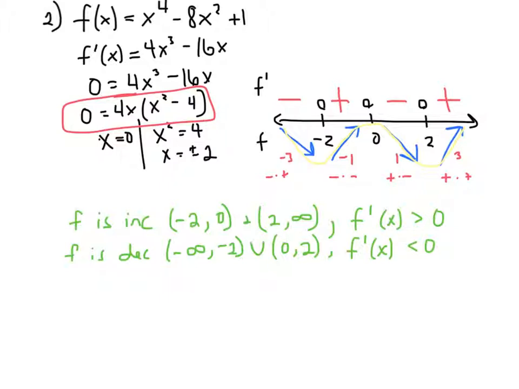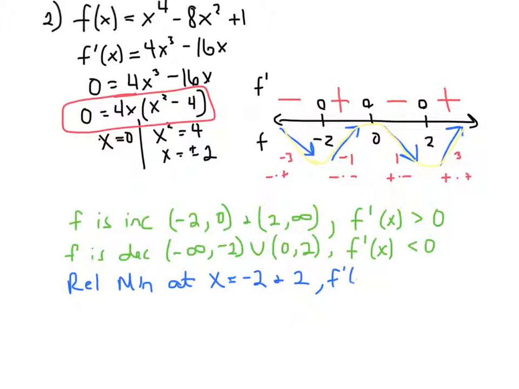It's going to go down to a relative min at what value? Negative 2. So this tells us we're going to have a relative min at x equals negative 2 and also 2. And why are those relative mins at negative 2 and 2?